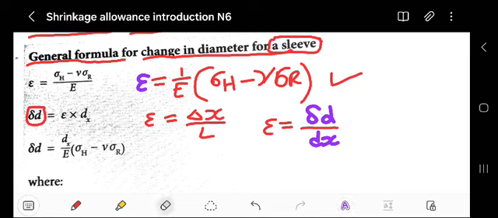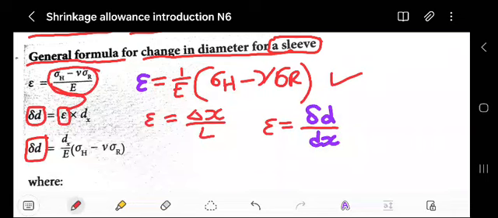To calculate this change, we require the strain, and the strain is calculated using this formula. If you substitute this here, if you take this whole expression and plug it there, this is the formula that you will get.